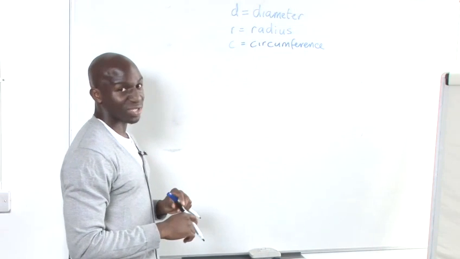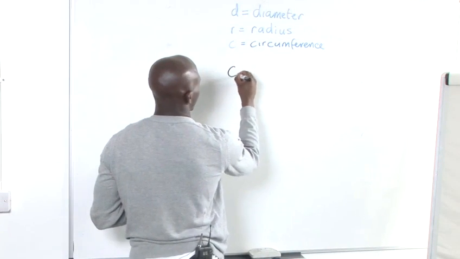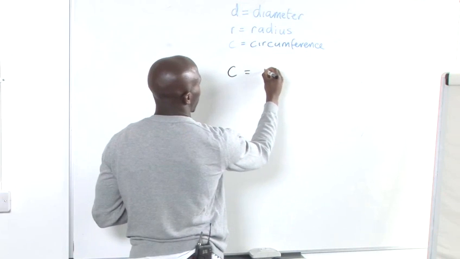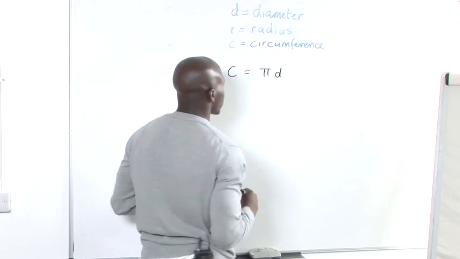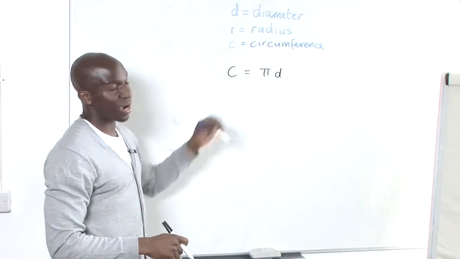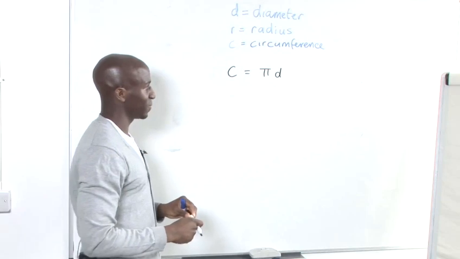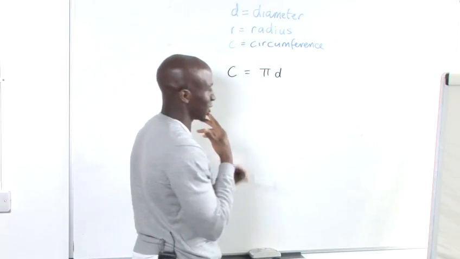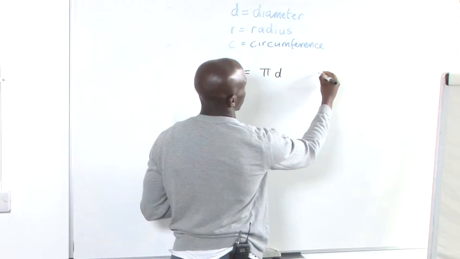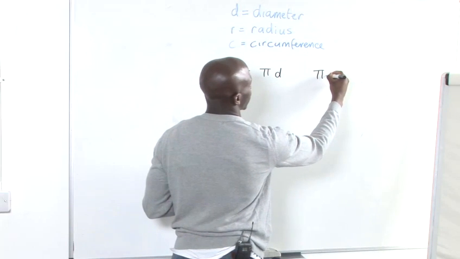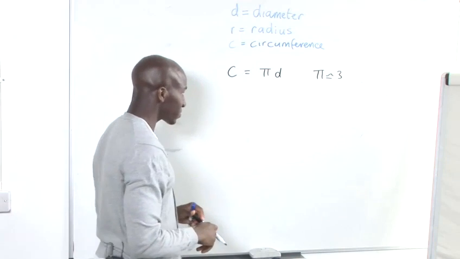So our equation that we have for circumference is that C equals pi d. Okay, so for pi, we know that this equals 3.142, okay? But just for the ease of this calculation, we're going to take it down to 3. So pi is approximately equal to 3 for this calculation.